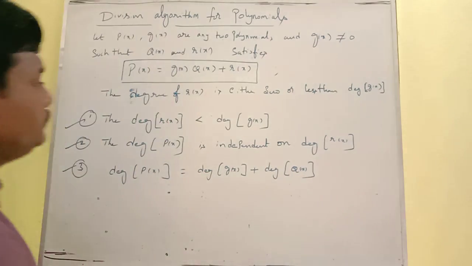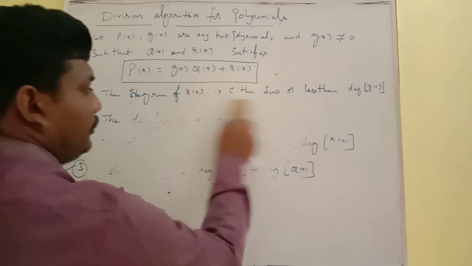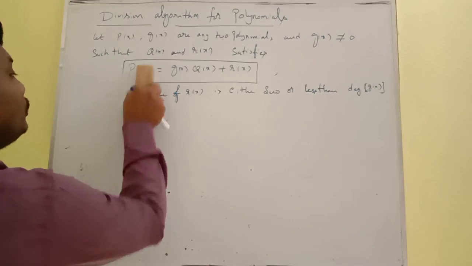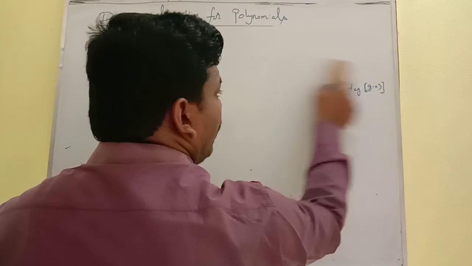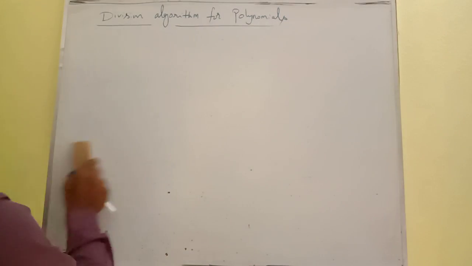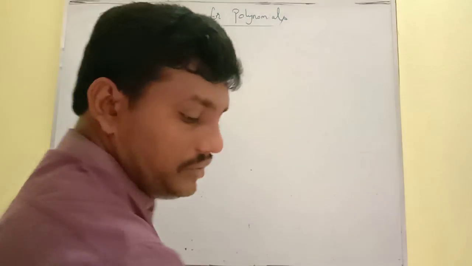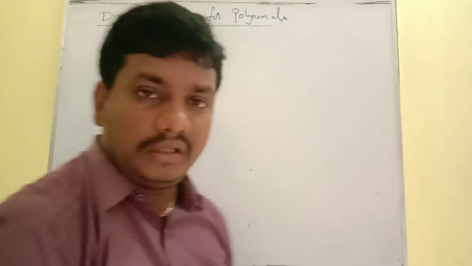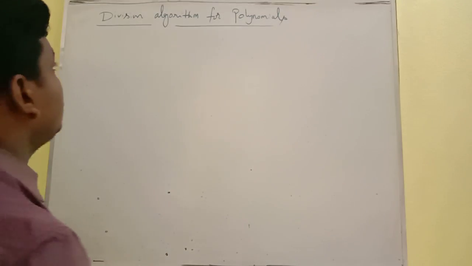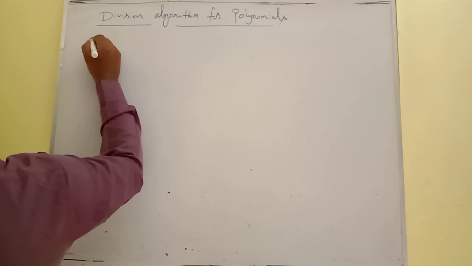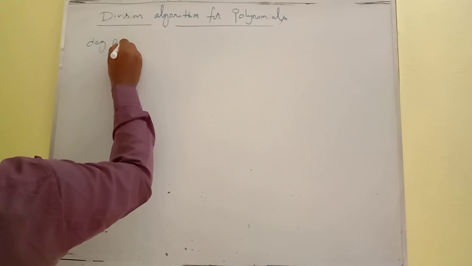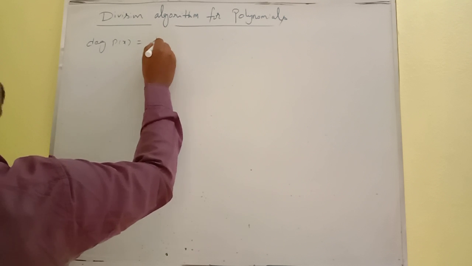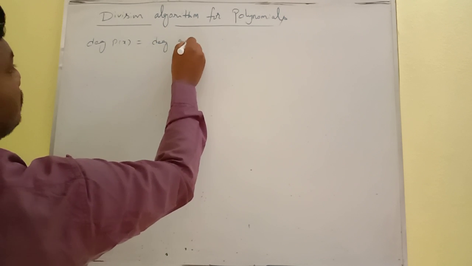Now next we are going to discuss how to give your own examples for the polynomials. So now let us see the condition first: degree of p of x is equal to degree of q of x.